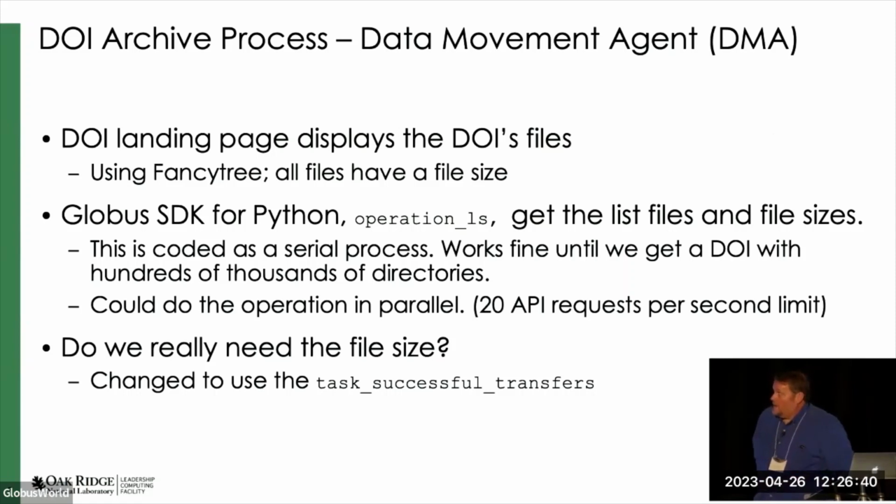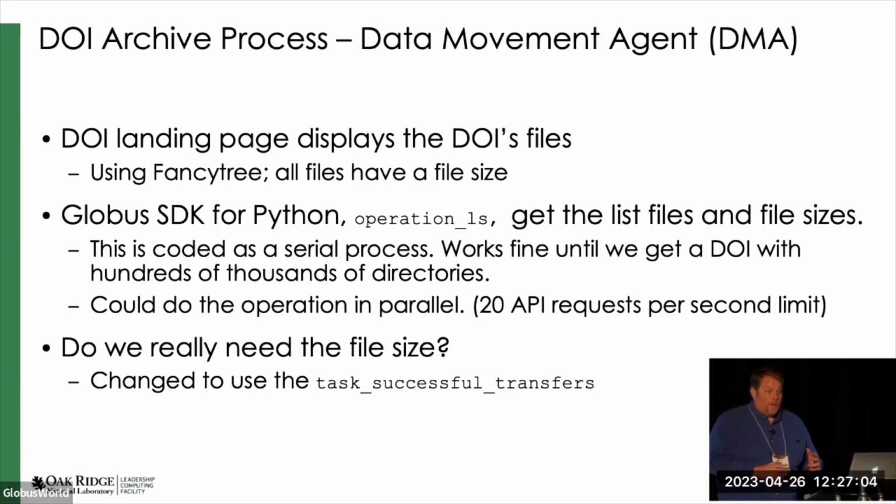One of the things that we did in the DOI archive process is that we have a data movement agent, and for that, we have our DOI landing page. To make sure that what we actually received stays what it is in our archival system, we try to keep a list of all of the files and file sizes that were transferred in this particular DOI.